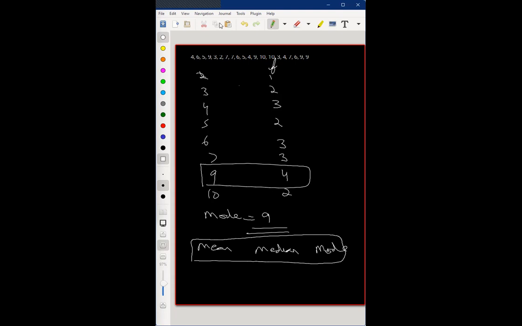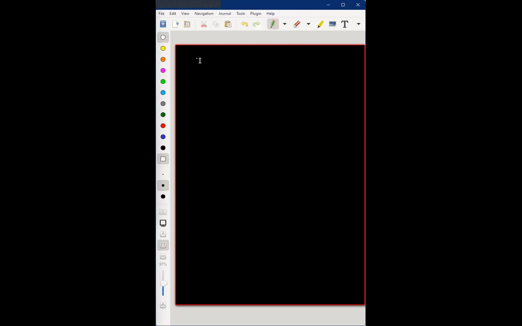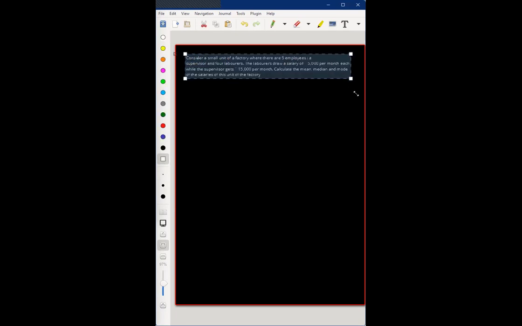Okay, let's do a practice sum now related to all three of them. Solve this question. A small factory has 5 employees, a supervisor and 4 laborers. Read the question carefully.